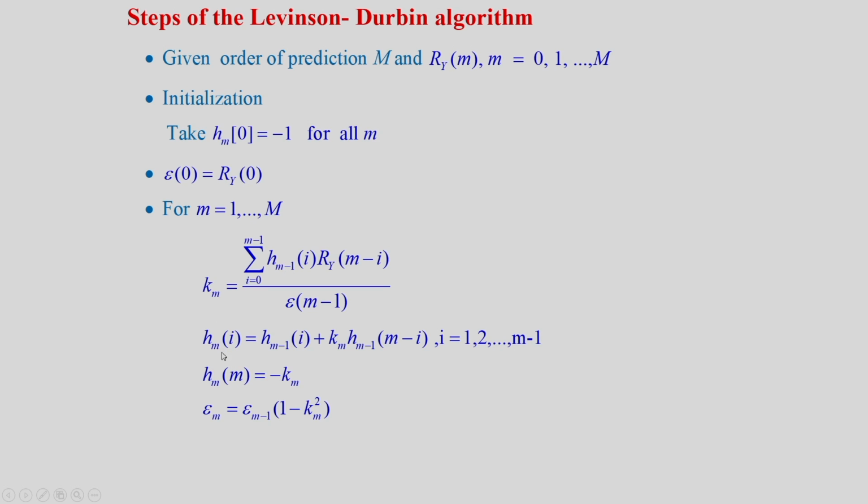So, mth order all the parameters are determined. Then we will update the mean square prediction error, that is epsilon m will be equal to epsilon m minus 1 into 1 minus Km square. So, that way we will iterate up to m and we will get the prediction coefficients.